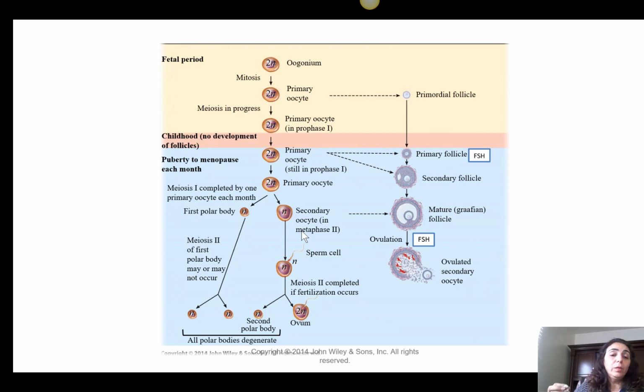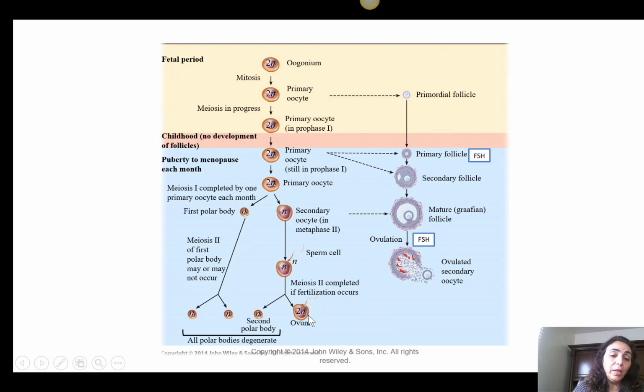Now, whenever it meets the sperm and the sperm can get into the oocyte and they combine, then the secondary oocyte continues meiosis 2, goes from metaphase 2 to anaphase, telophase, and finishes meiosis 2 and becomes a complete oocyte that we call an ovum, and one other polar body is formed that atrophies too.